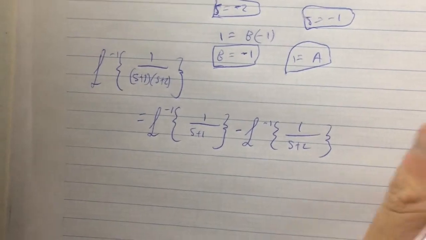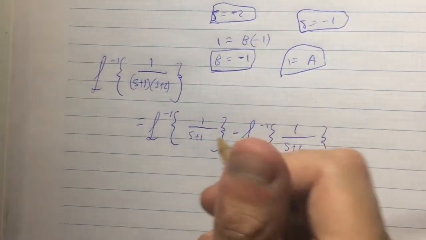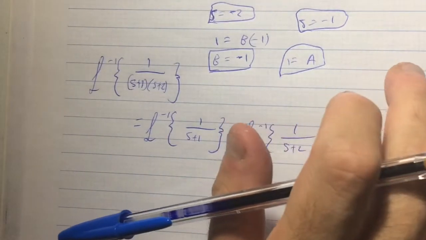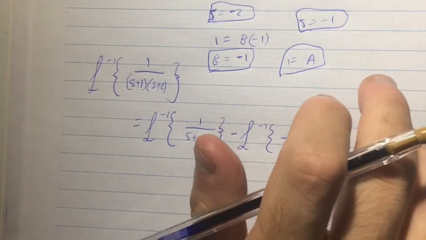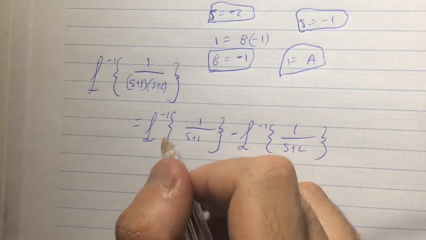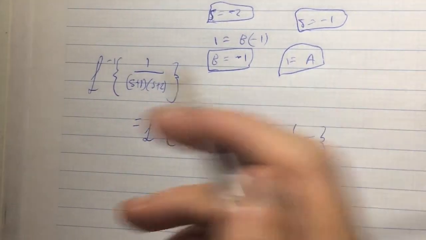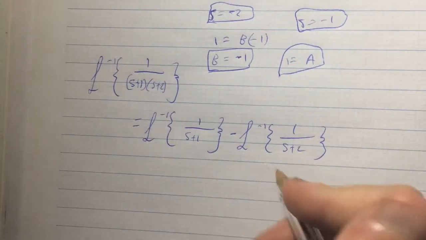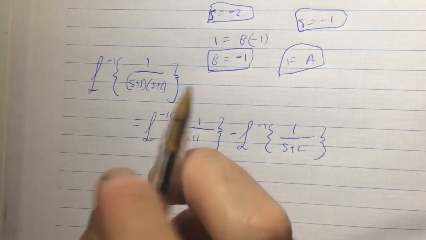The whole point of this is now we can actually evaluate these straight from a table. If you go online, there are Laplace transform tables, and you can see what the Laplace transform of something is and what it gets you.